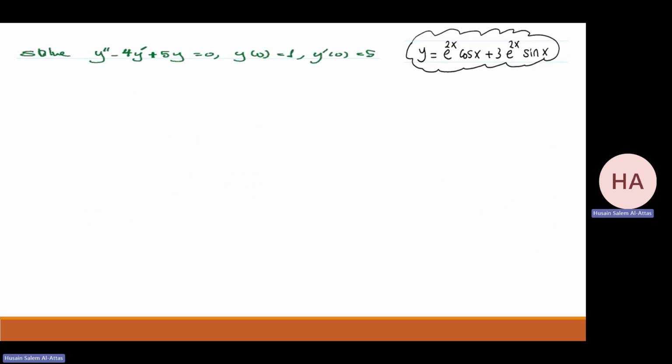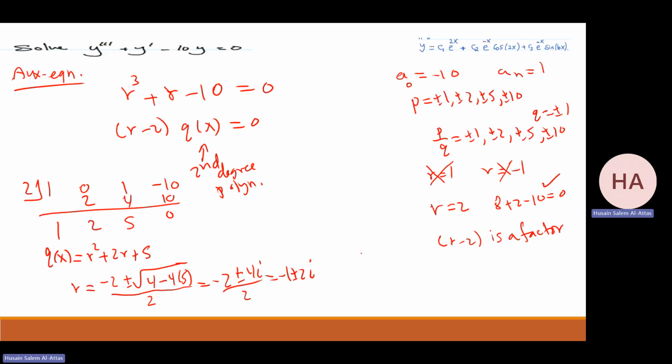What will be my general solution then? So these are the roots. The roots are 2 and minus 1 plus or minus 2i. General solution: e to the 2x, e to the minus x cosine 2x, e to the minus x sine 2x, which is this one.